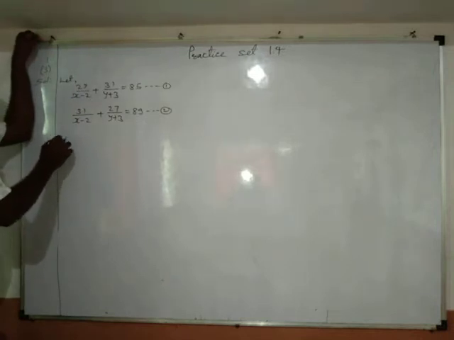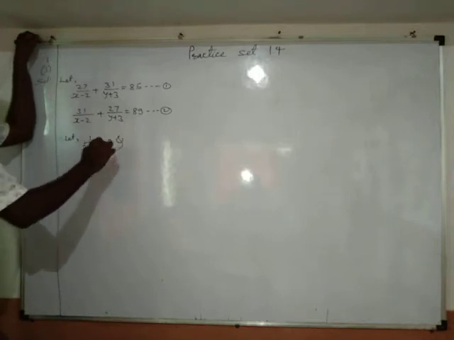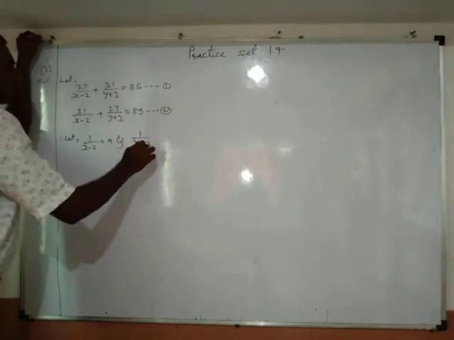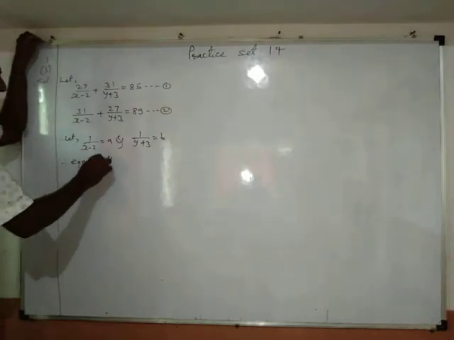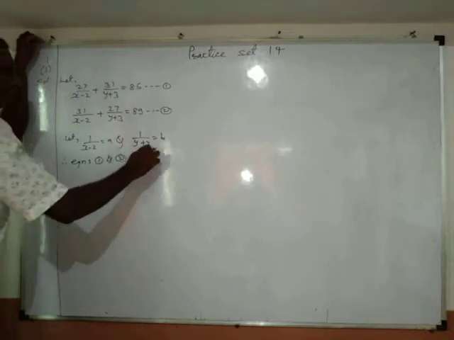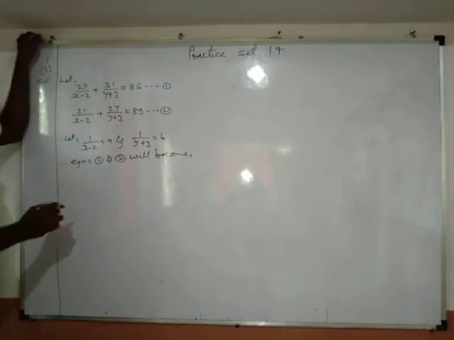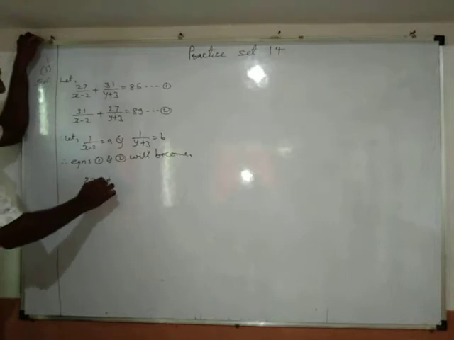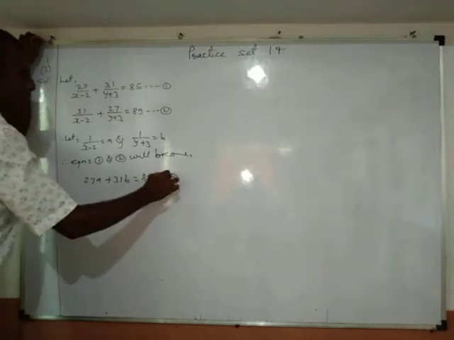Therefore let 1 upon x minus 2 equal to a and 1 upon y plus 3 equal to b, and therefore equations 1 and 2 will become, how will they become? 27a plus 31b equals 85. Equation third.